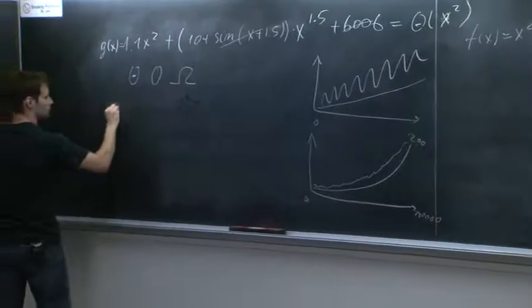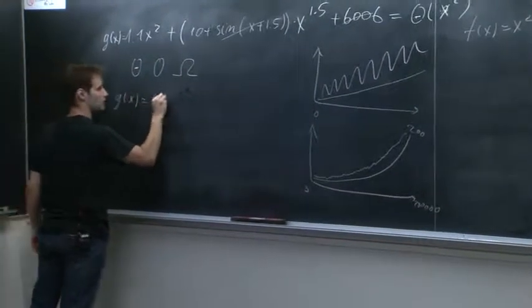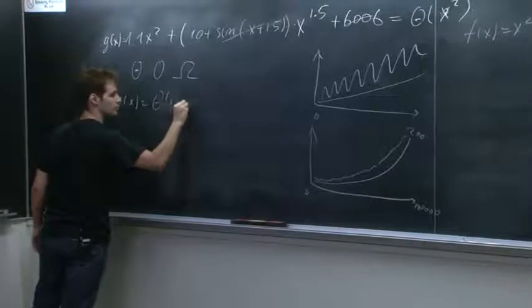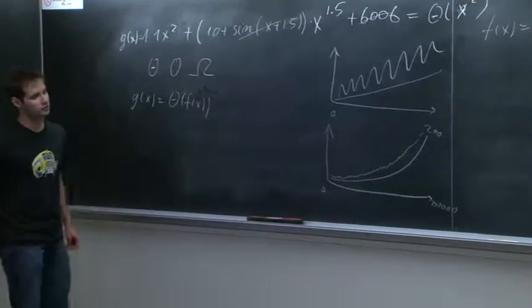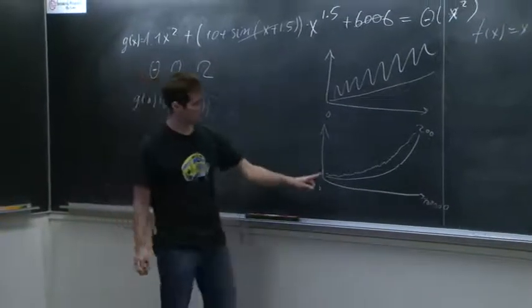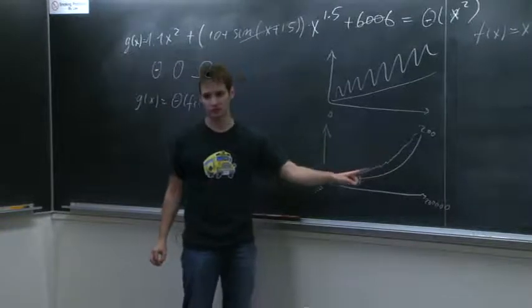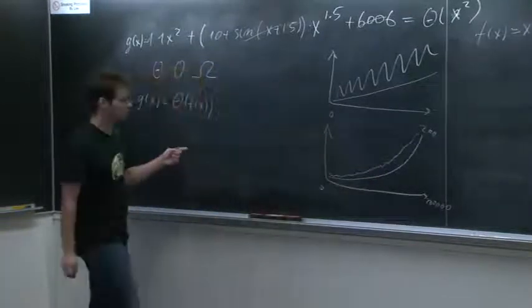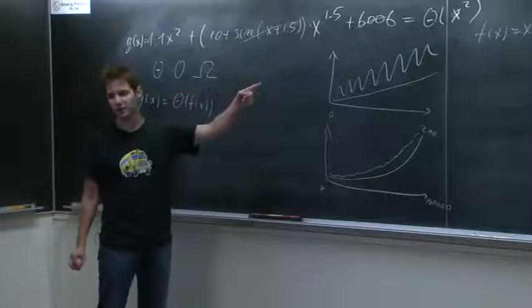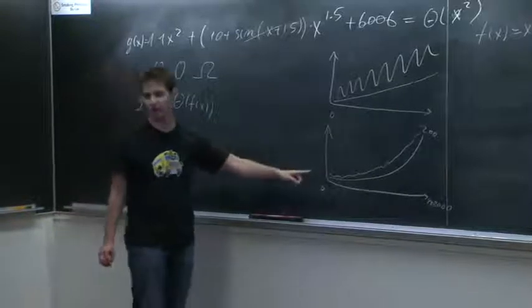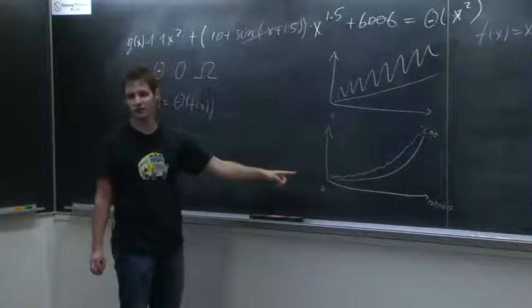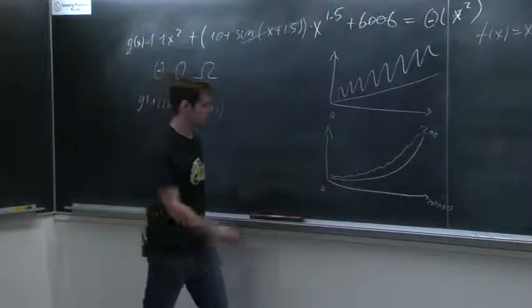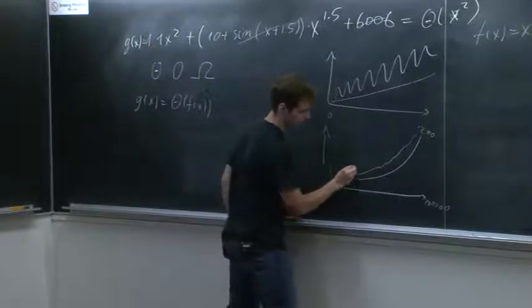If I say that g of x is theta of f of x, that means 2 things. It means I have a lower bound, like I showed here, and the lower bound looks something like x squared. And it means that I also have an upper bound for it that also looks like x squared. So the upper bound would be something like this.